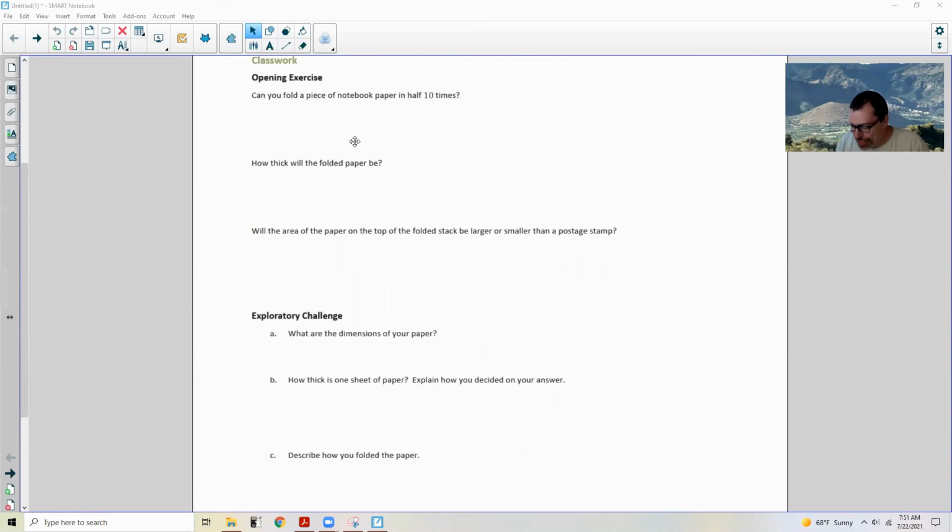What you're going to do is fold this piece of paper in half 10 times. There's one. I folded it once. Gonna fold it a second time. There's two. Question is, can we fold it 10 times? There's three. Getting smaller.